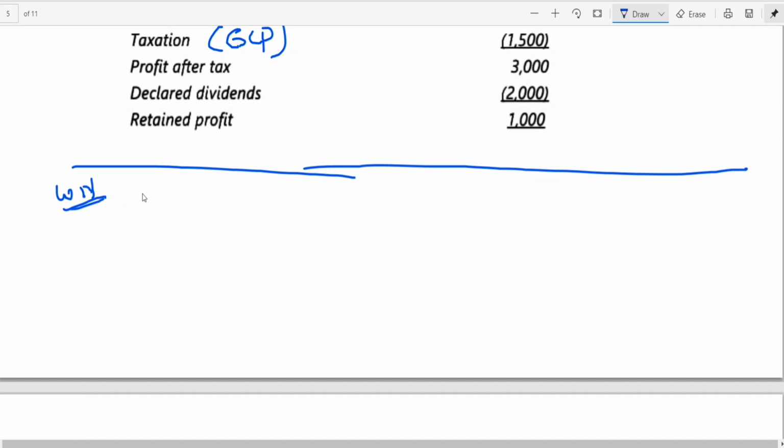This is working notes number, actually, they themselves have given it. For vehicle, I think they have given working notes number 2, if I am not wrong. Whatever it may be, we open the vehicle account here.